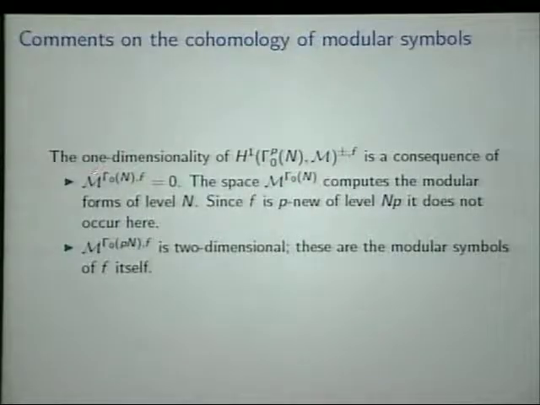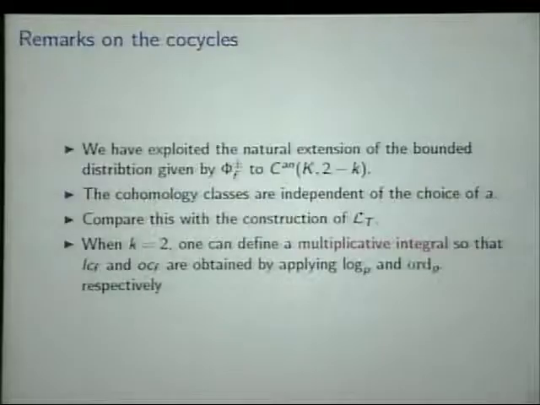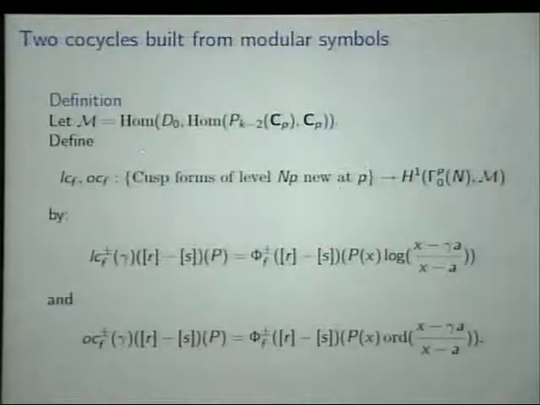First of all, remember what M is. It's Hom of D0, way back here. These are the weight K, the space in which the weight K modular symbols for F live. And the modular symbols for F are what you get if you take the gamma naught of M invariants in M, the gamma naught of M invariant maps from D0 into this space.